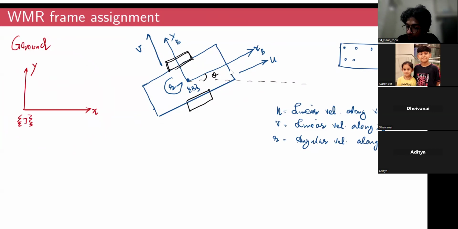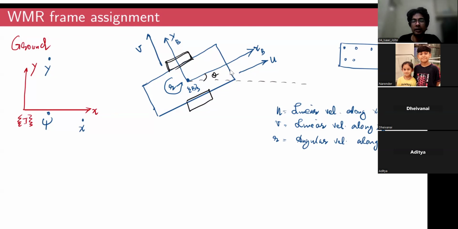If I call the velocity along the fixed x-axis x dot, the velocity along the fixed y-axis y dot, and the angular velocity about the fixed z-axis psi dot, you want to find a mapping between x dot, y dot, psi dot, and u, v, and r.